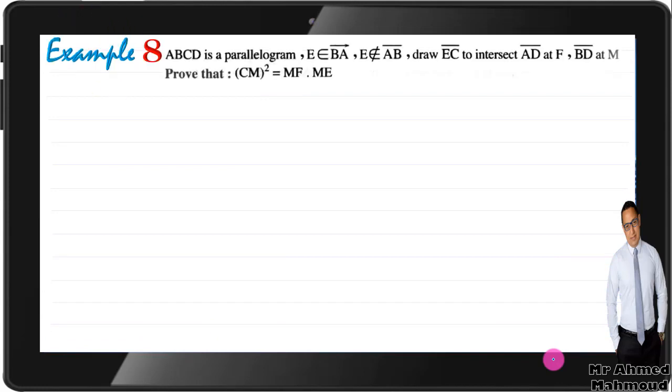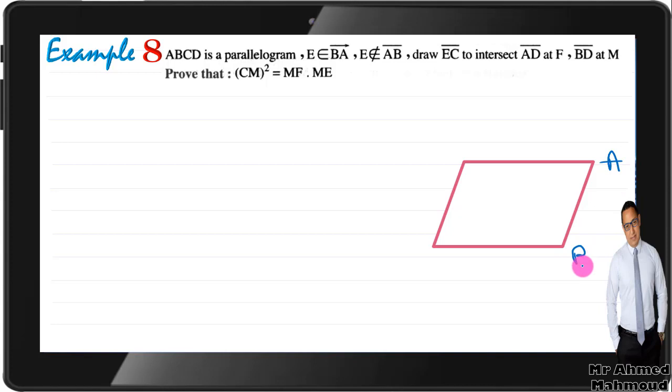ABCD is a parallelogram. So I'm going to draw a parallelogram like this, and I'm going to call it A, B, C, D. Okay. E belongs to ray BA. So I'm going to draw ray BA like this, and I'm going to put E here somewhere. Okay.